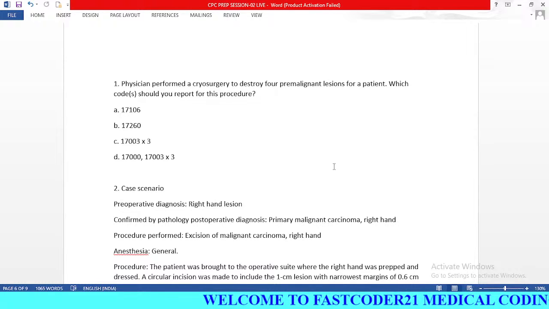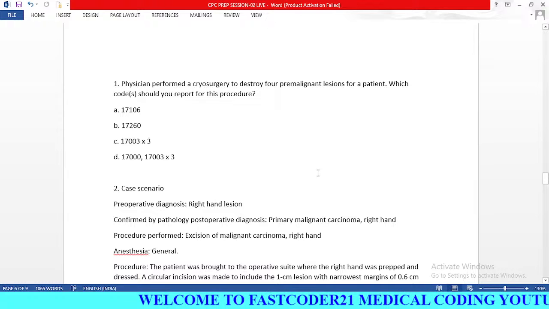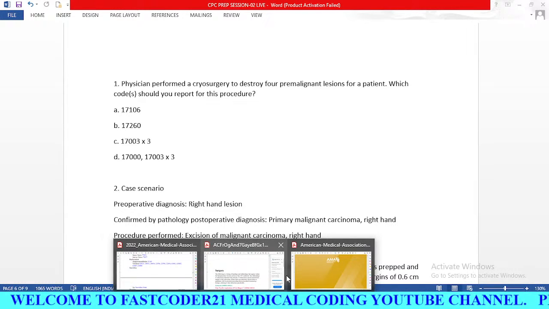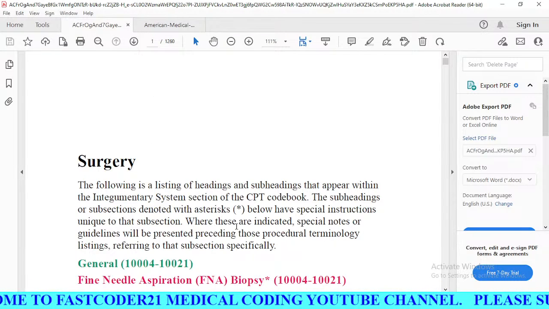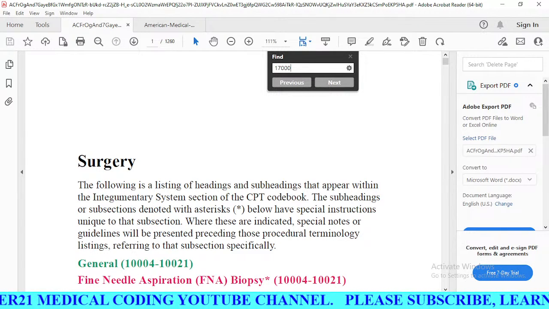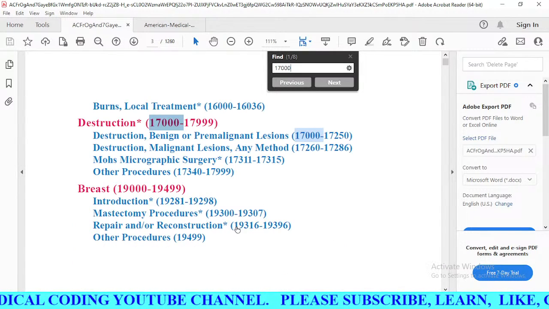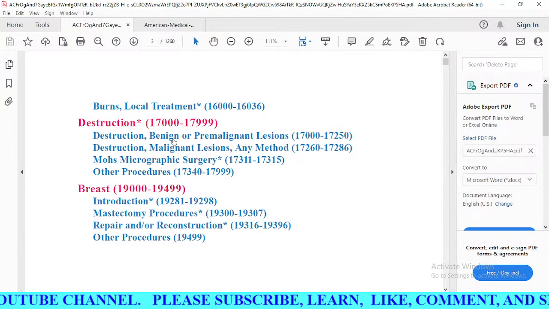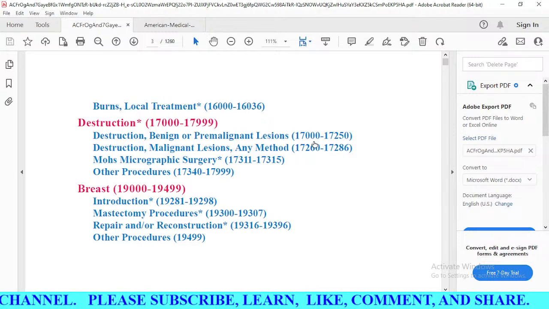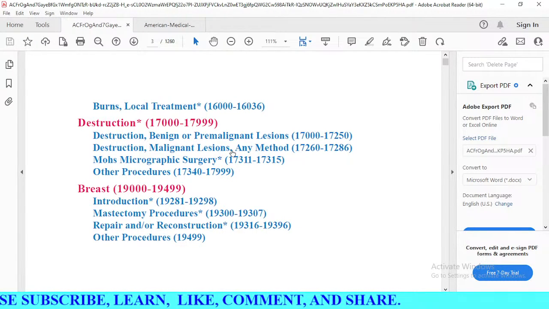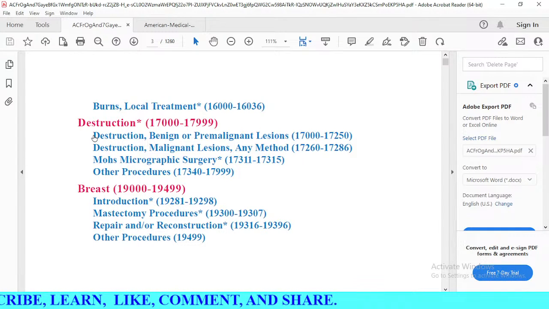So anyway, I think all wrote answer D, which is correct. If we see here, destruction, benign or pre-malignant lesions 17000 to 17250.